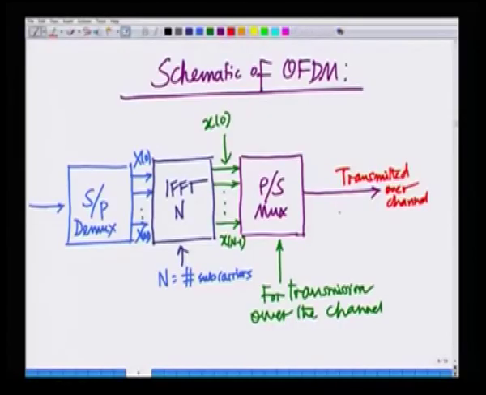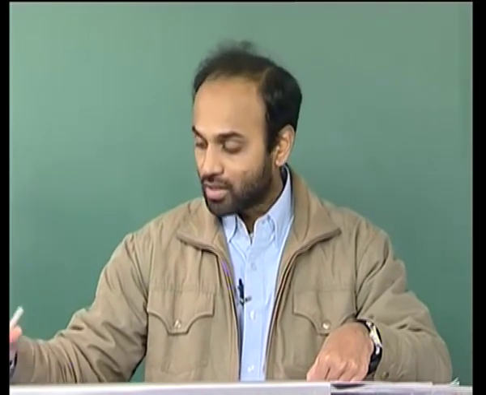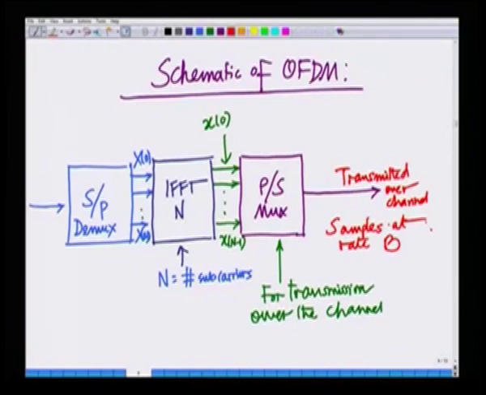So samples at rate b, that is samples are transmitted at rate b, that is b samples per second, or essentially what we also say is the sample time or the sample interval is 1 over b. So samples transmitted at rate b corresponds to sample interval of 1 over b.